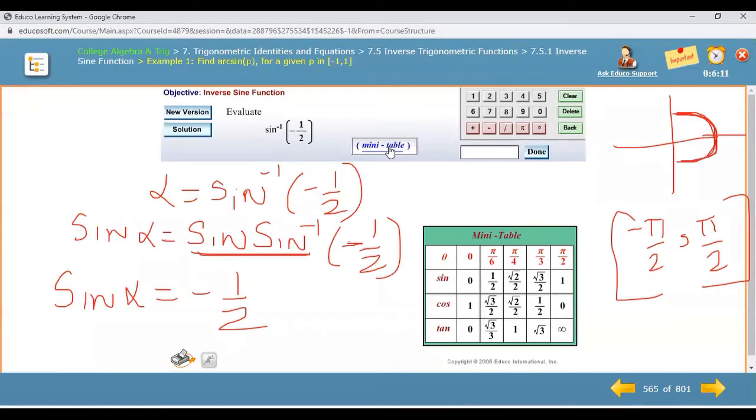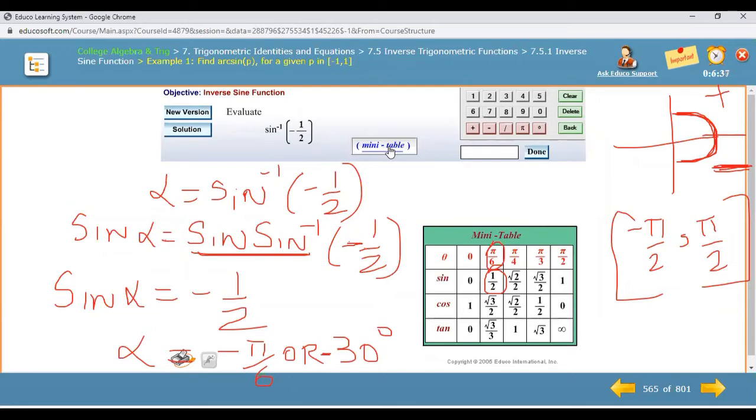If the value is positive, it will be in the first quadrant. If the value is negative, it will be in the fourth quadrant. So where is the value 1/2? 1/2 is at pi over 6. So I will simply write alpha is negative pi over 6, or it is 30 degrees negative.